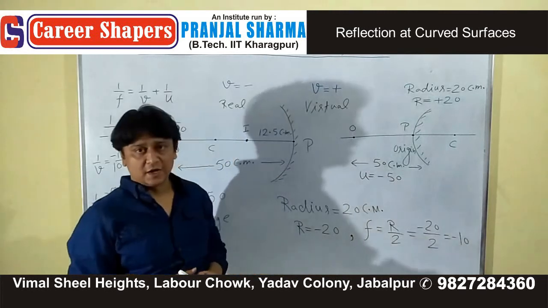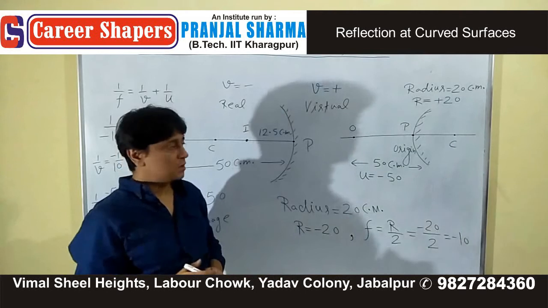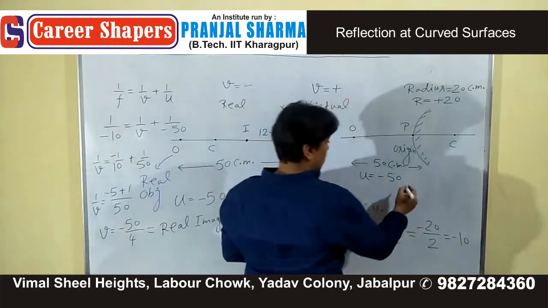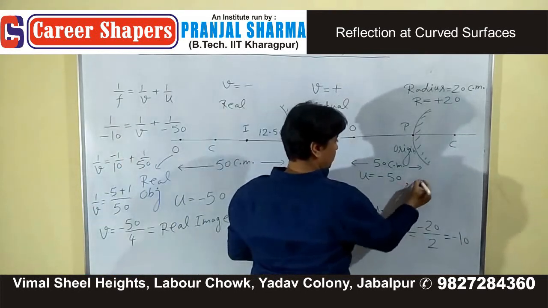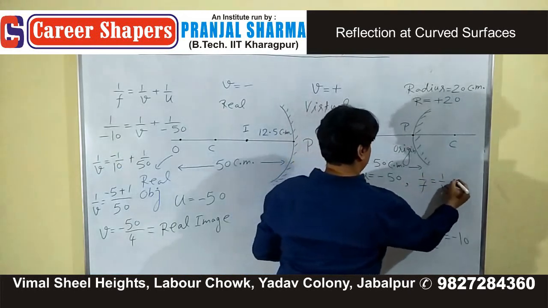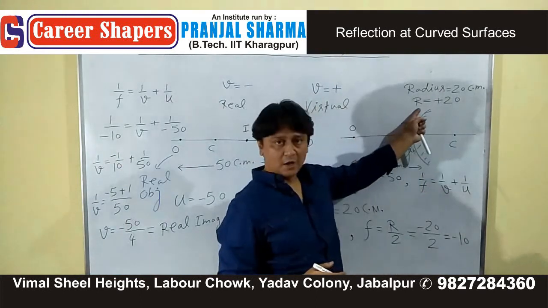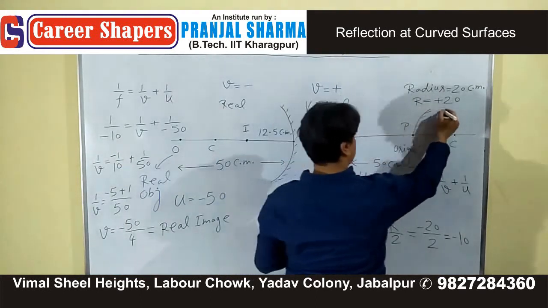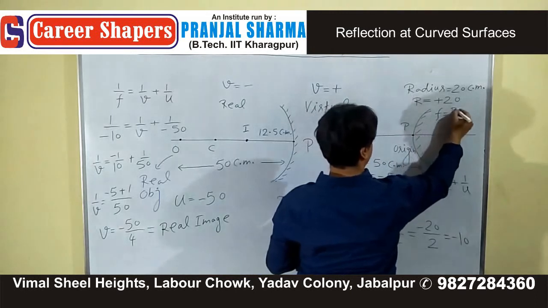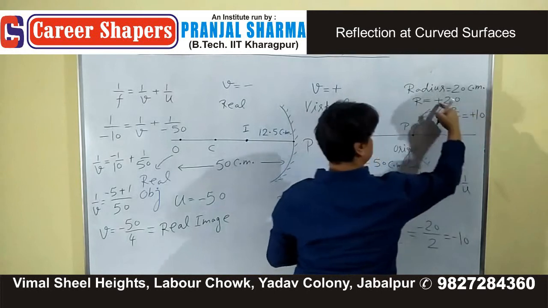And we need to decide position of image and whether it's real or virtual. Let's use the formula. Formula says 1 upon F equals 1 upon V plus 1 upon U. We have calculated R. That gives us F as R by 2, which is coming plus 10.